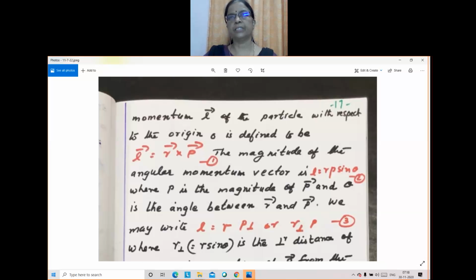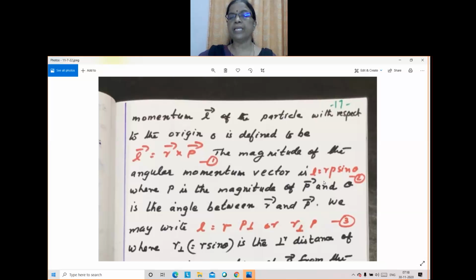Sine 0 is also 0, and sine 180 is also 0. So when theta is 0 or 180, that means when R and P are parallel or anti-parallel, the angular momentum is minimum.